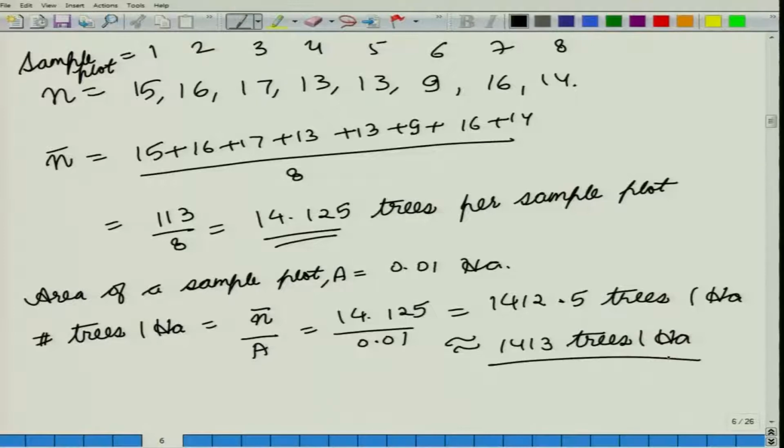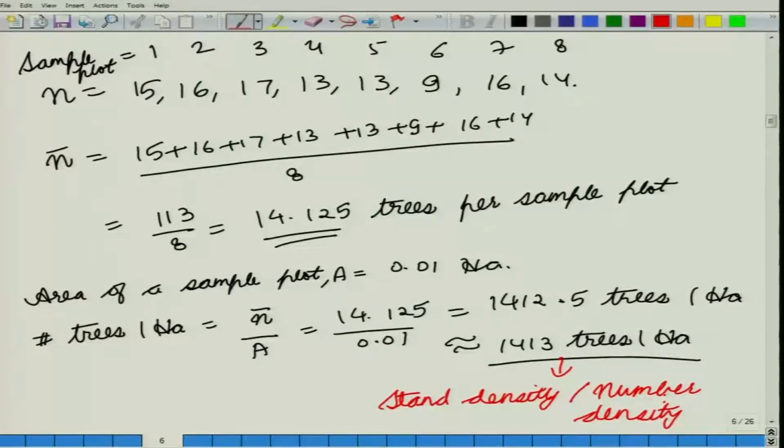Now, this value that we are getting is the stand density, also known as the number density. So, this is how we do these calculations.